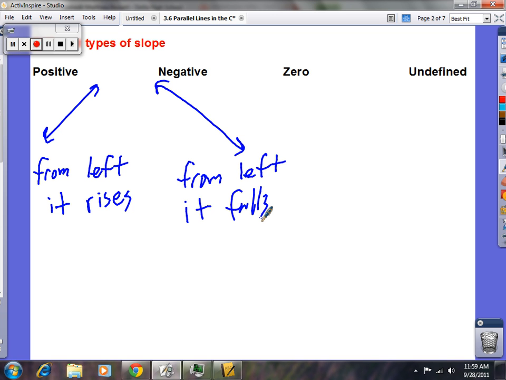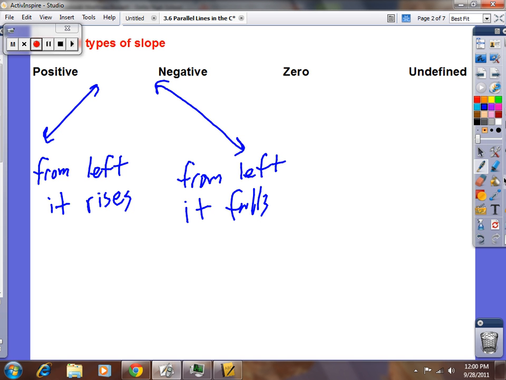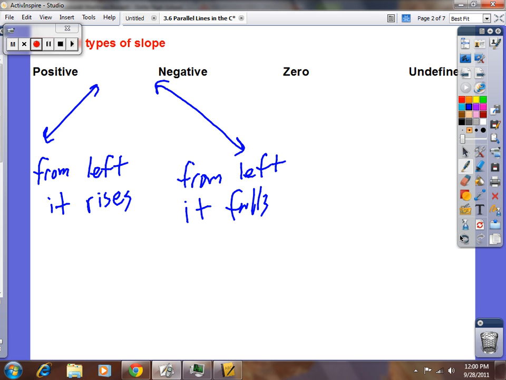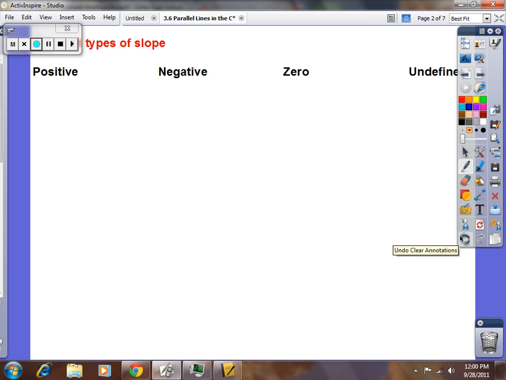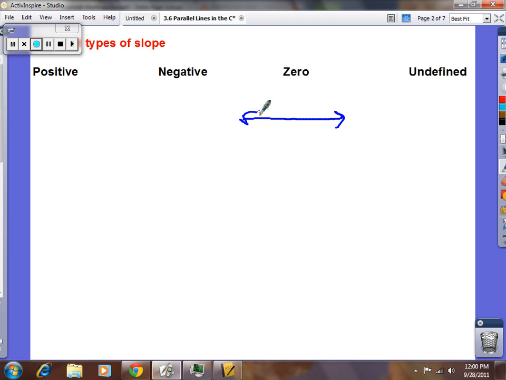Okay, these other two, 0 and undefined, we're going to have to memorize them. Which one's 0 and which one's undefined? 0 is horizontal. One of them is going to be horizontal and one of them is going to be vertical. Undefined is vertical. Now, here's what you're going to have to memorize.